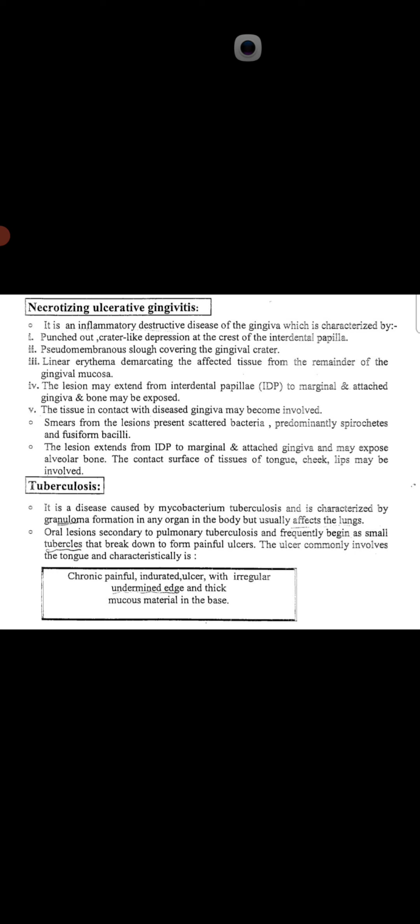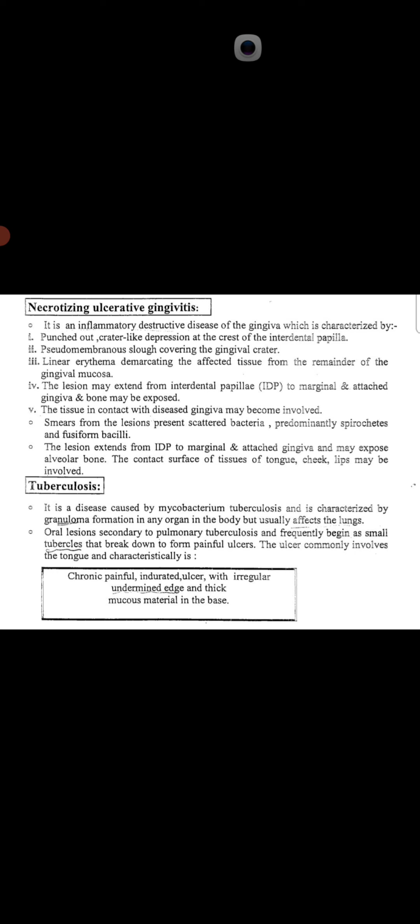Now, smears from the lesion. When we take smears from the lesion, there will be scattered bacteria in this smear. In NUG, predominantly there are spirochetes and fusiform bacilli. These are the two types of bacteria when we take a smear from the lesion of NUG.